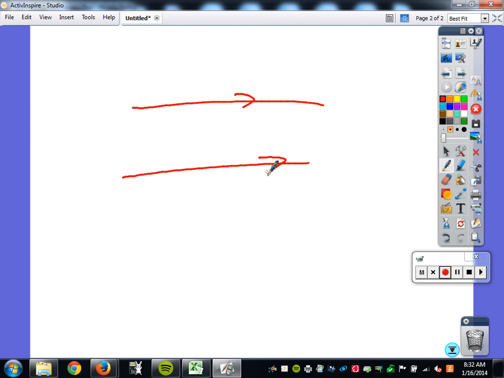So, if I intersect it by a line, which we call a transversal, okay, how many angles are just now created? 8. Okay? So I'm going to have angle 1, 2, 3, 4, 5, 6, 7, 8. Okay? Alright, let's name all our vertical angles. Who are congruent just because they're vertical angles?